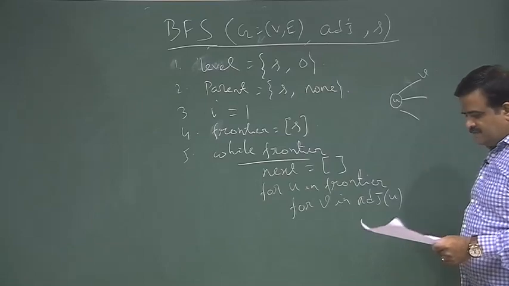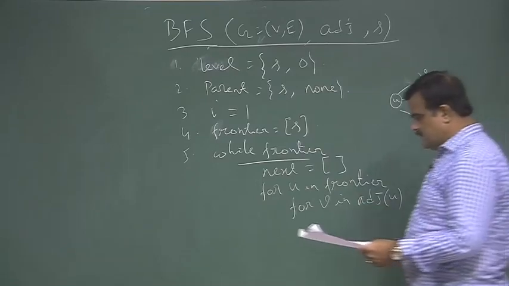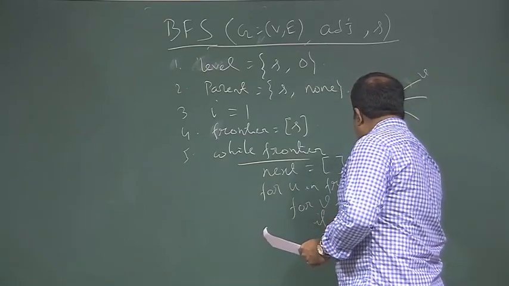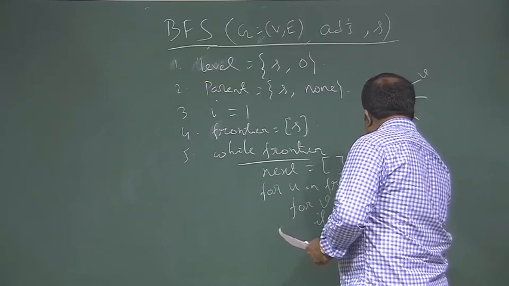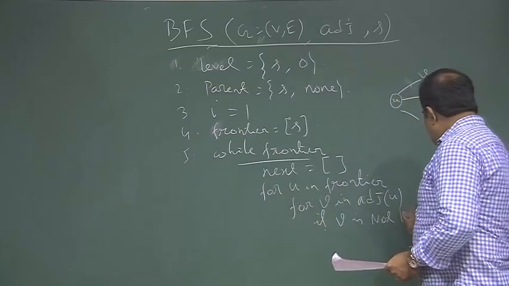This is the vertex v, and if v is not labeled, then we have to label v, that means v is not marked or not seen.